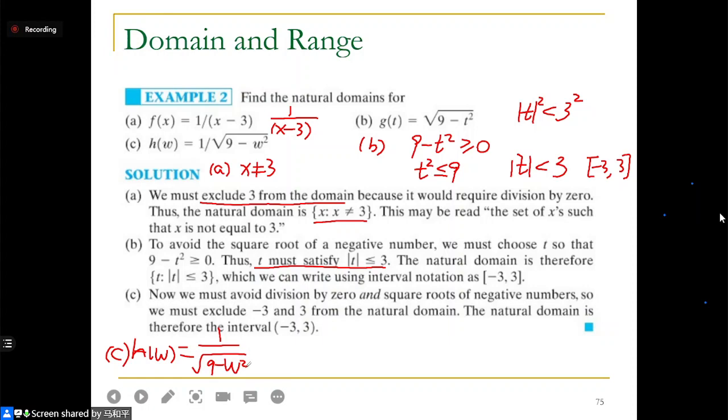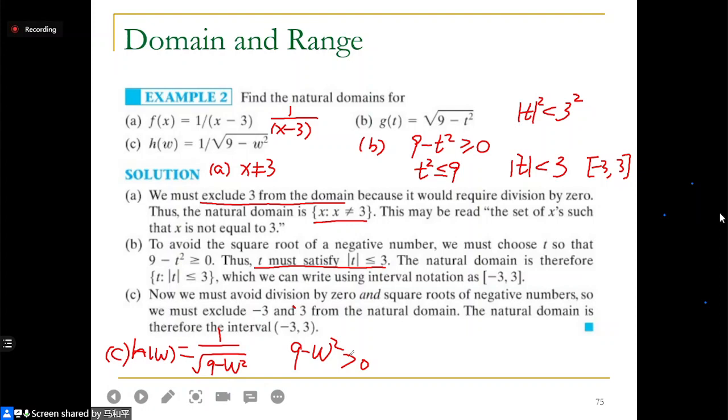So we must avoid dividing by 0 and square roots of negative numbers, right? This means 9 minus omega squared must be greater than 0. It can't be 0, right? It must be greater than 0.